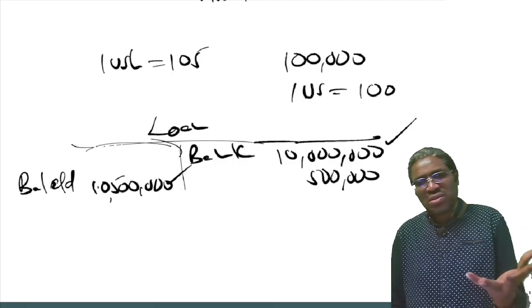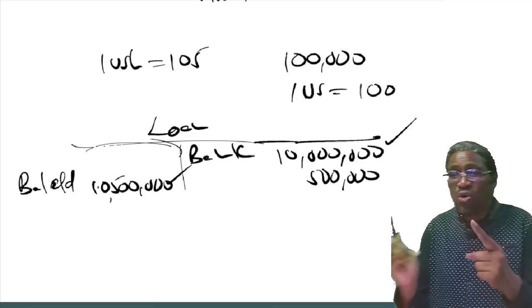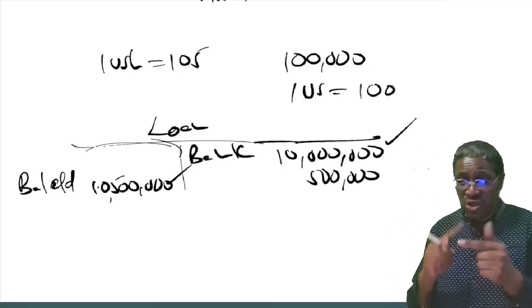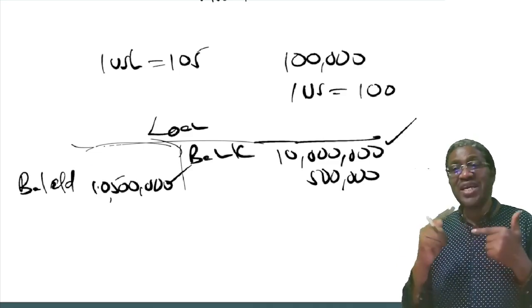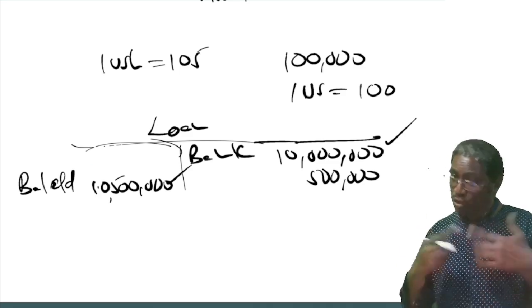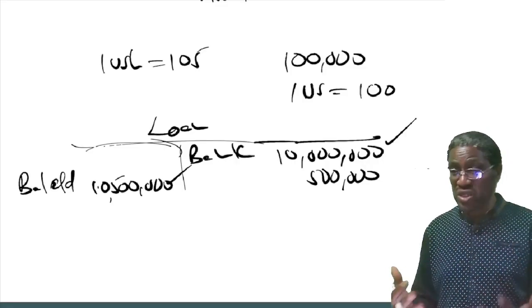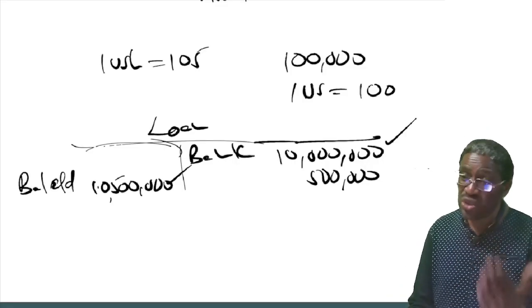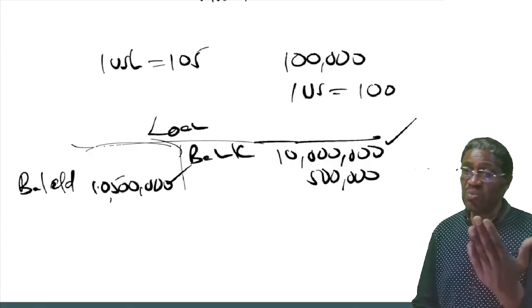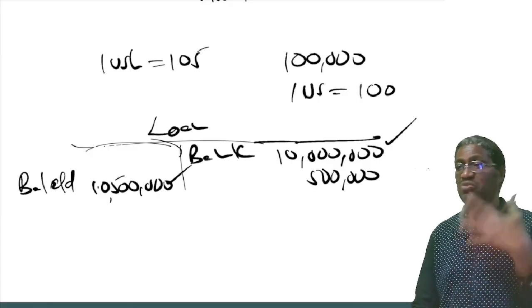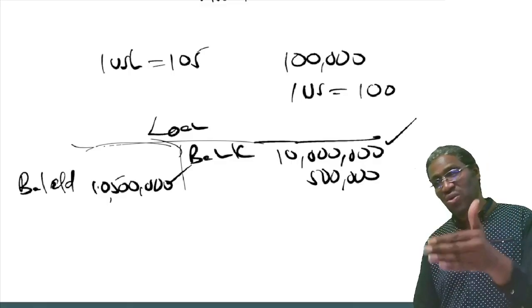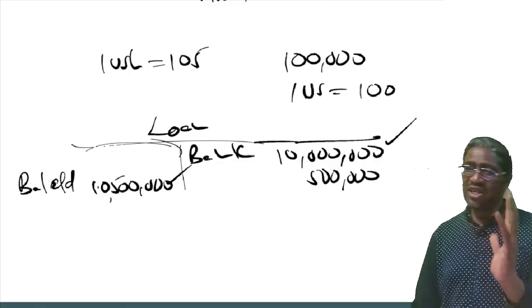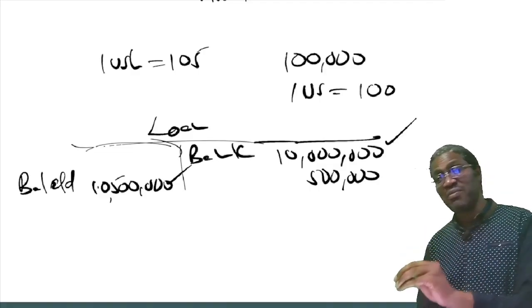No. It is just because of the fluctuations in the exchange rates. Of course, now, as a company, you are losing because you are going to pay an extra 500,000 just because of the fluctuations. If the dollar was equivalent to 95 Kenya shillings, then you are going to pay less. Then you made a gain.